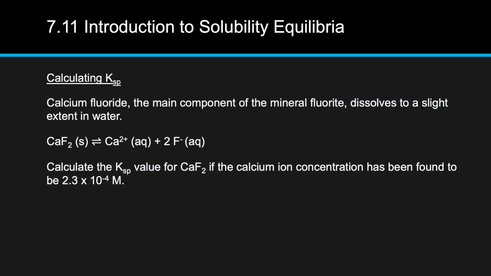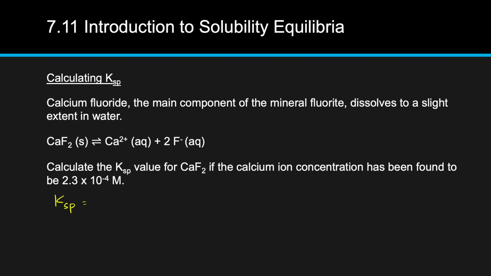All right, so calcium fluoride, the main component of the mineral fluorite, dissolves to a slight extent in water. Here we have our balanced chemical equation. It says calculate the Ksp value for CaF2 if the calcium ion concentration has been found to be 2.3 times 10 to the negative 4th molar. So we are calculating Ksp, which means I'm going to start out with our equilibrium expression.